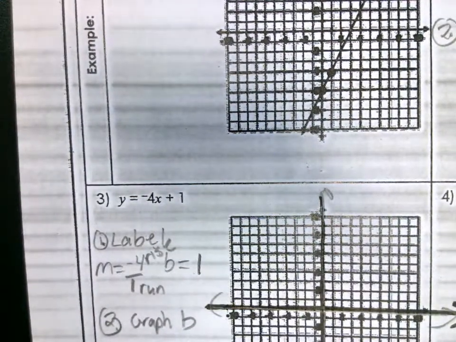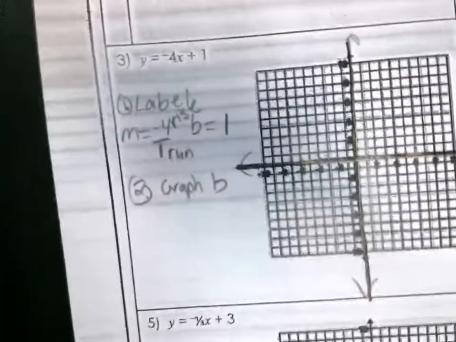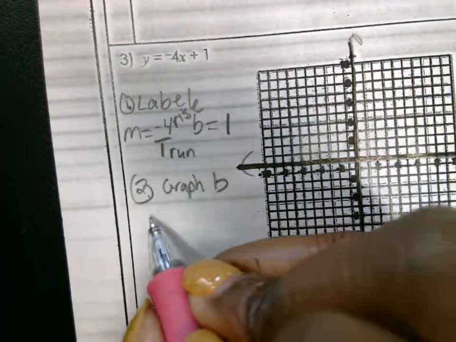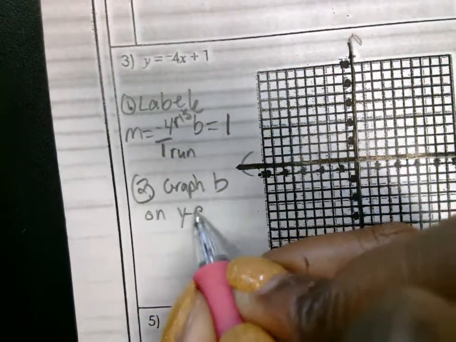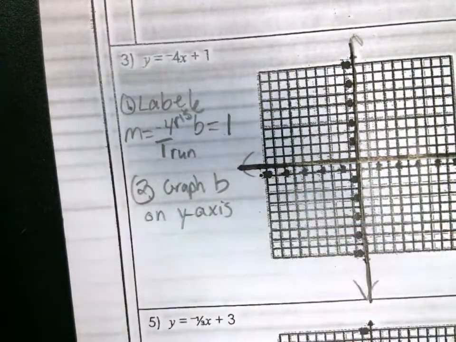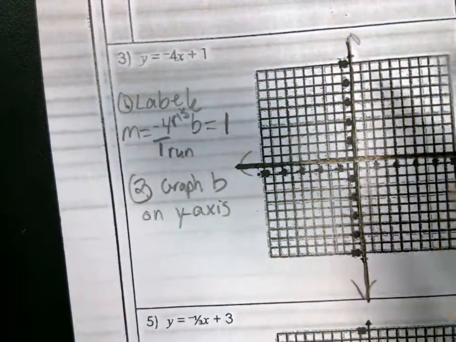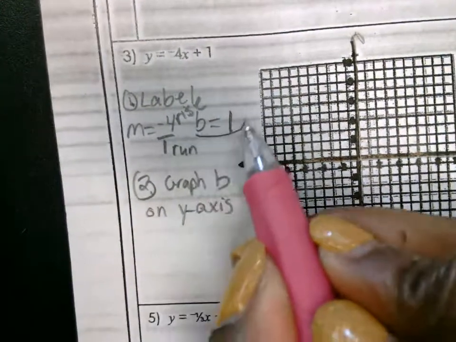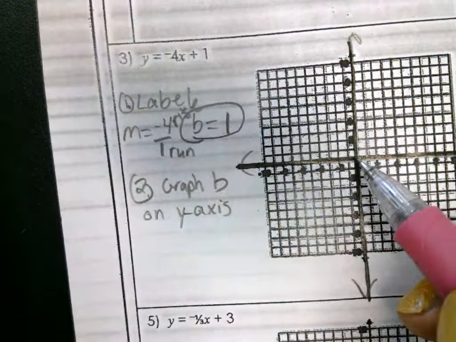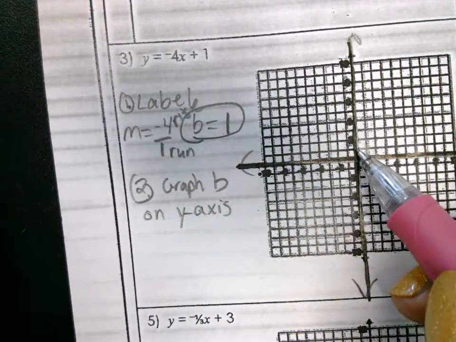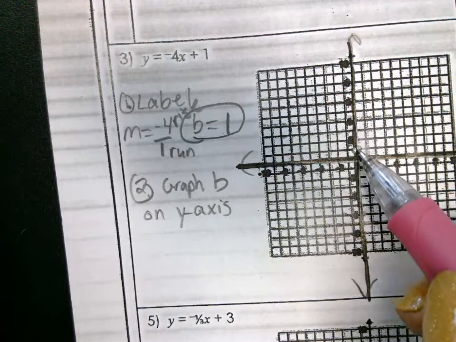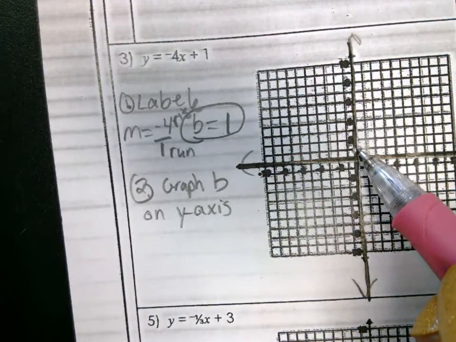So now I'm going to find B on the Y axis. Graph B on the Y axis. Which one of these numbers is B again? Positive 1. So start right here at the origin and go up 1. This is where I start. Put my pencil here.